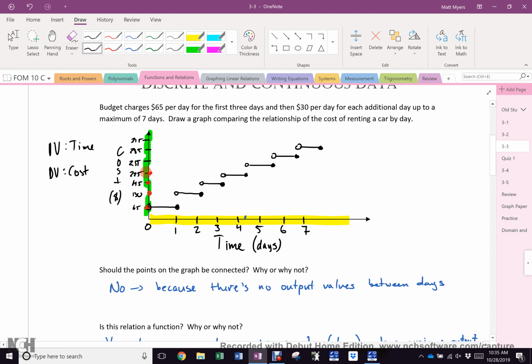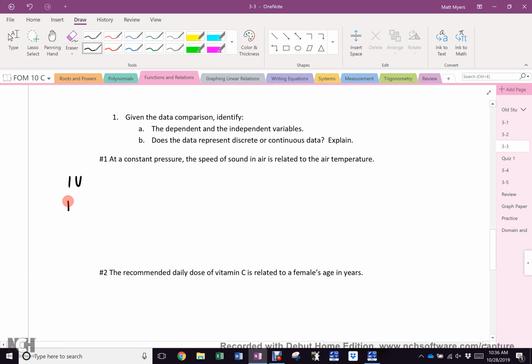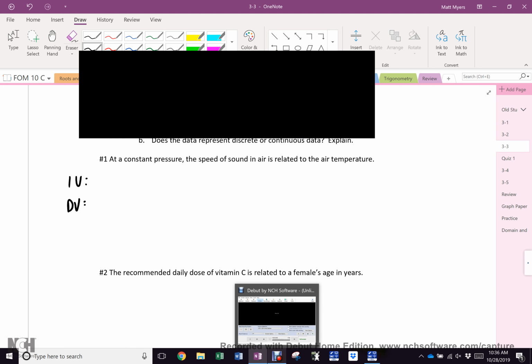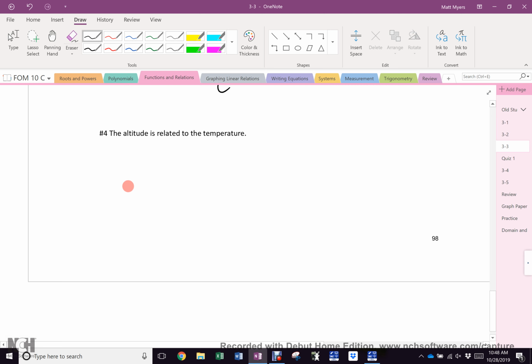So 1, I want the IV and the DV, and I want if it's discrete or continuous and why. So just look at the first one. I got an IV, I got the DV. You tell me which is which. Talk to your neighbor, go ahead. What's my IV, what's my DV?